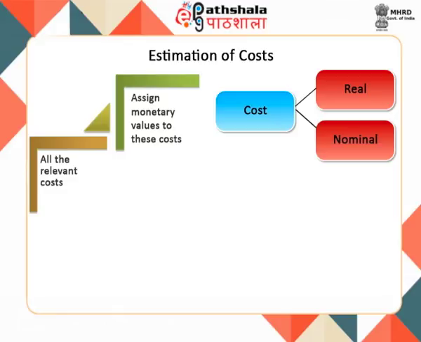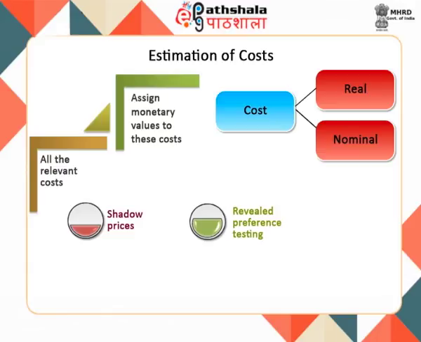Techniques to put a value for costs, benefits of intangibles in the analysis are: shadow prices are used in cases where market price does not reflect the true cost of a good or service to the society. Revealed preference testing assigns a value to a good which is not traded directly in the market using the value of a related good being traded in the market.